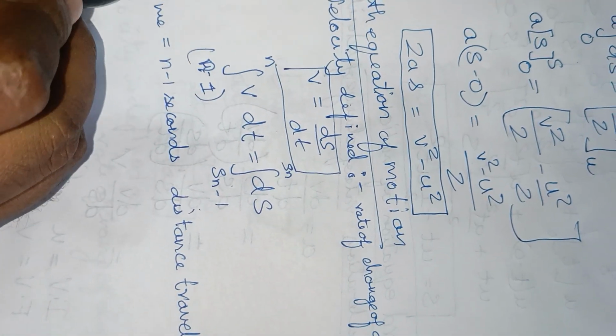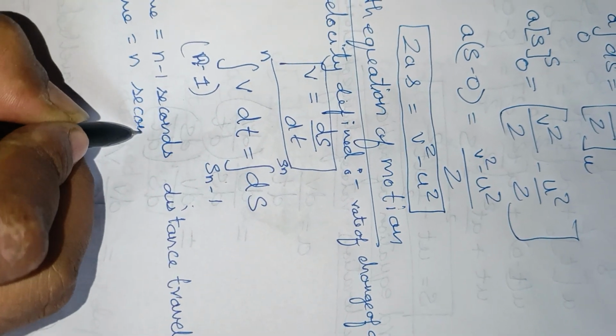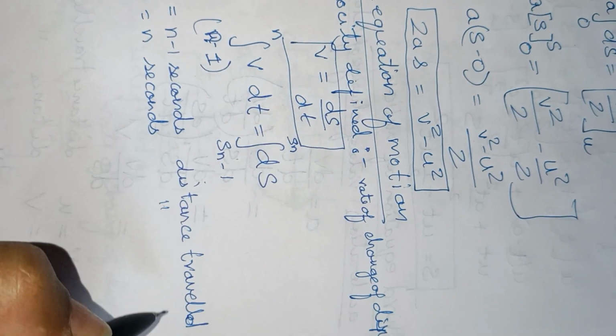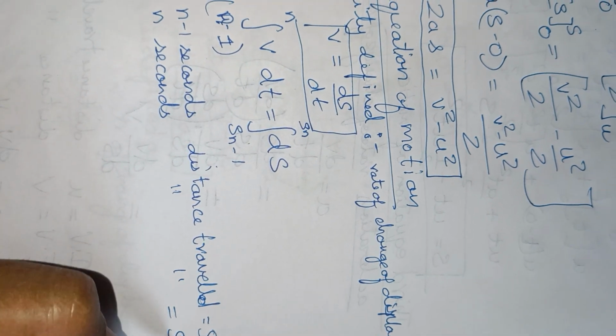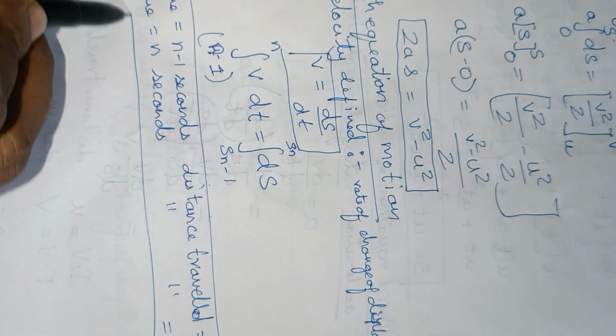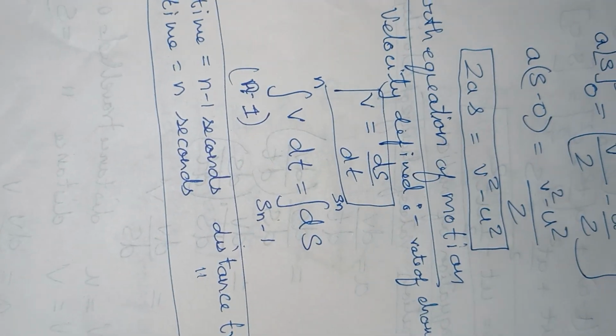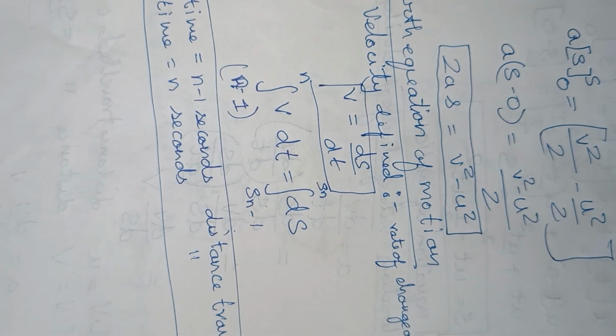And for the time duration of n seconds, the distance traveled would be s n. So this derivation makes more sense in terms of n minus 1 seconds and n seconds.